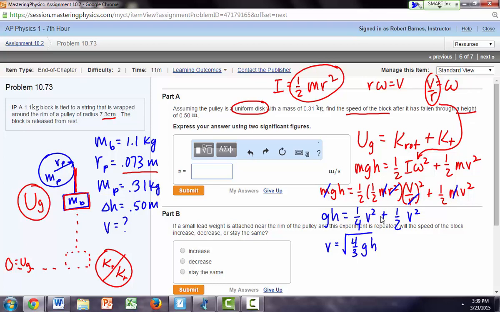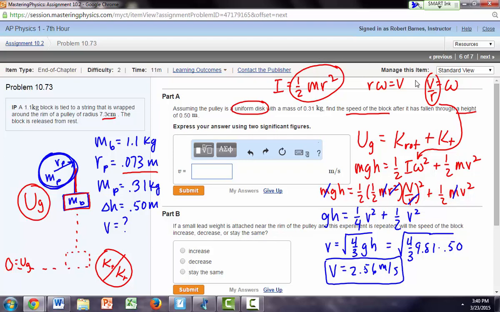So this is kind of a repeat, same shape as I had before, a disc over here. So it's got the same moment of inertia, but now we actually have numbers we can substitute in instead of just ranking them. I'm going to use 9.81 because it's a Mastering Physics problem. My height is 0.50. I'll take this offline and calculate that.